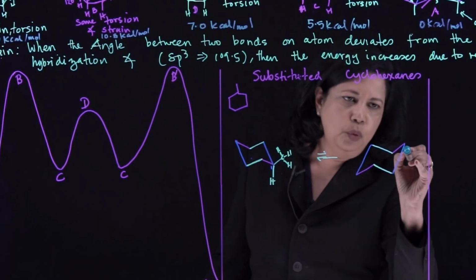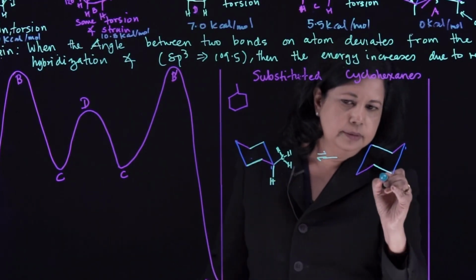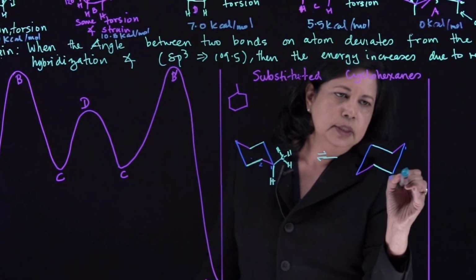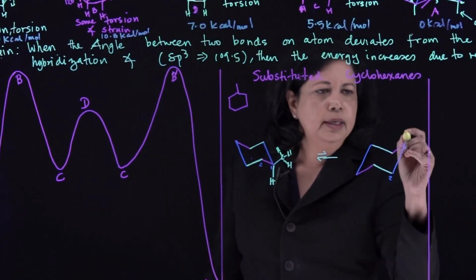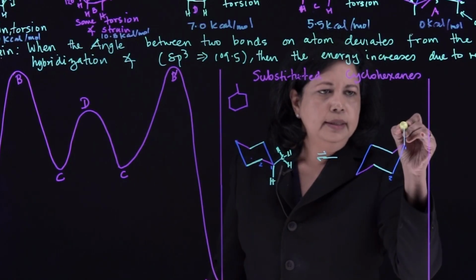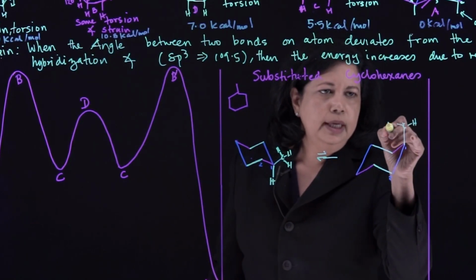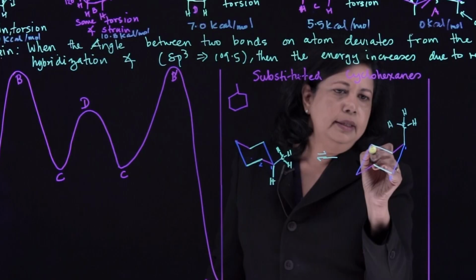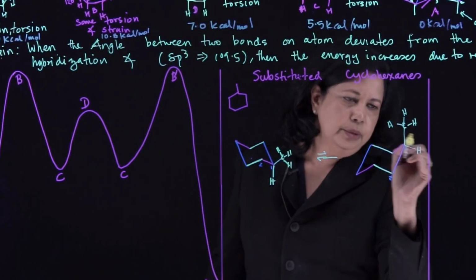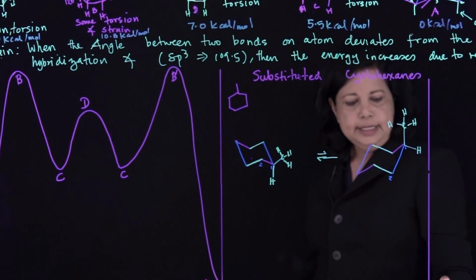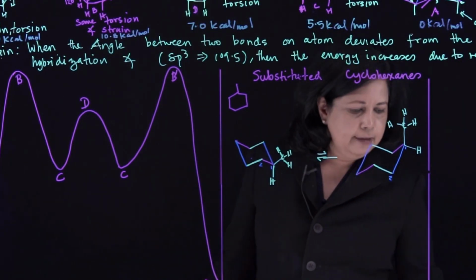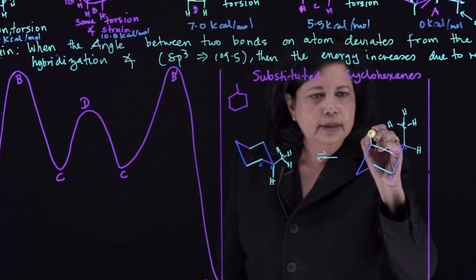Okay, and this is again 1, 2, and so on. So on carbon 1, this pointing up is vertically up, and that is going to be your H, H, H, and this is going to be your equatorial. So you can see that this is going to have 1,3 diaxial interaction.